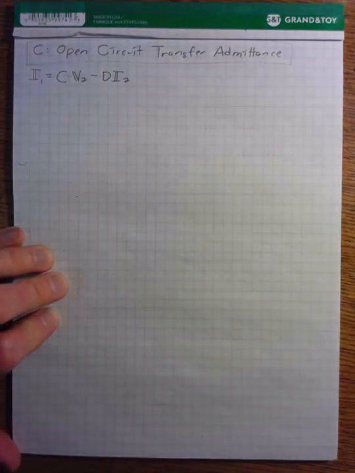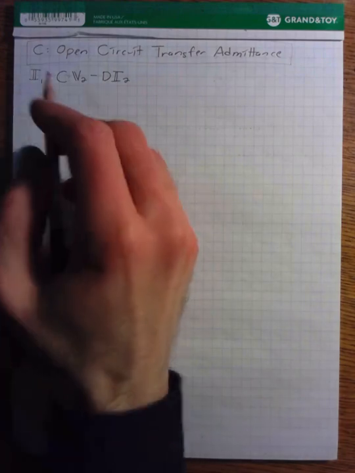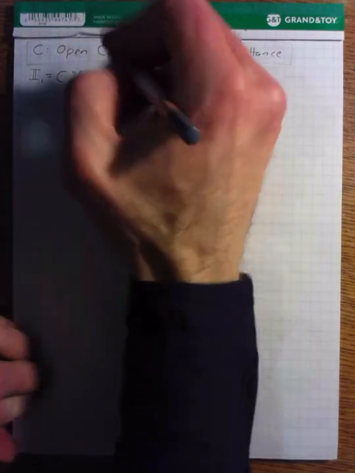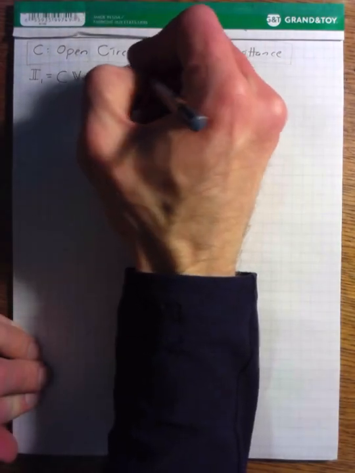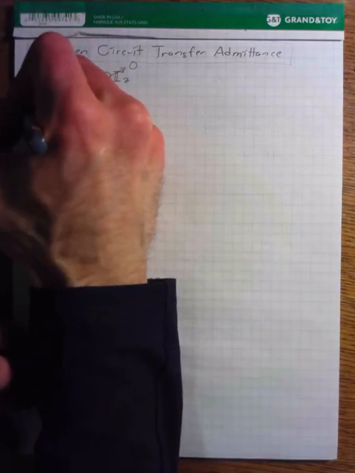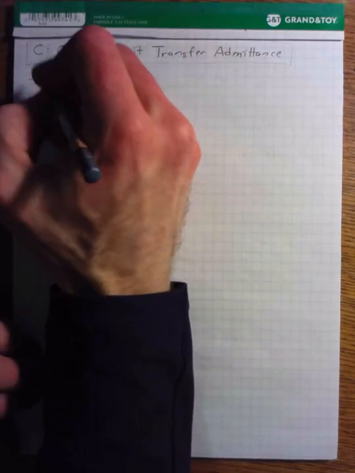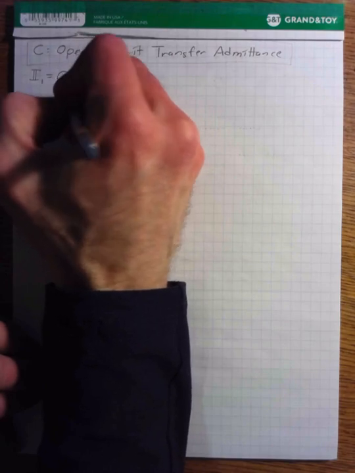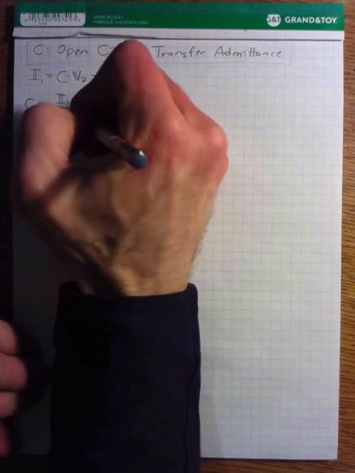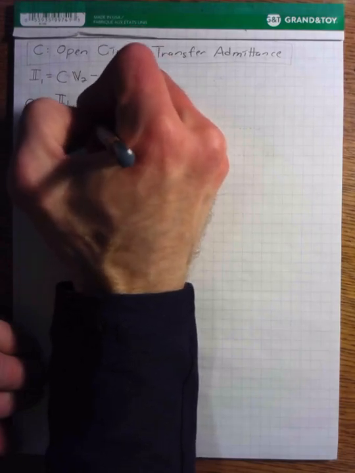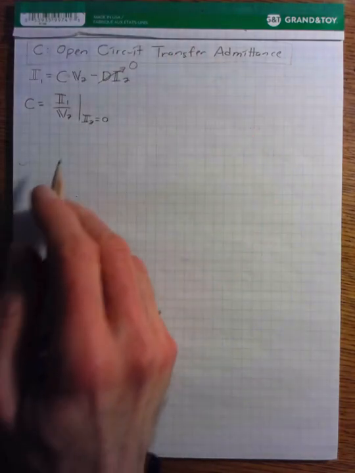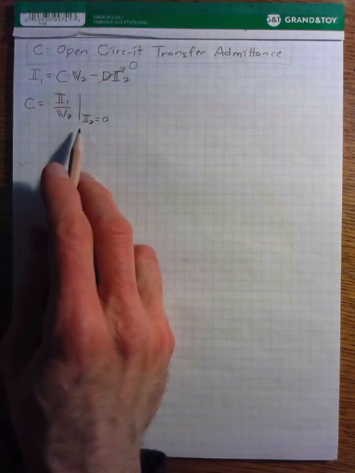Just like before, because we're solving for C, we don't want D in our equation at this point. And so to get rid of it, we're just going to make sure that I2 is equal to 0. And when we do that, C is equal to I1 over V2 when we make sure that I2 is equal to 0. And we do that by making sure port 2 is just an open circuit.